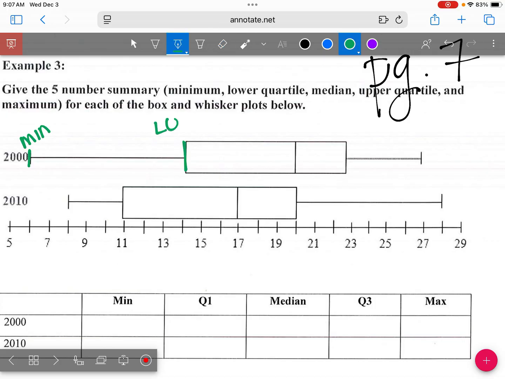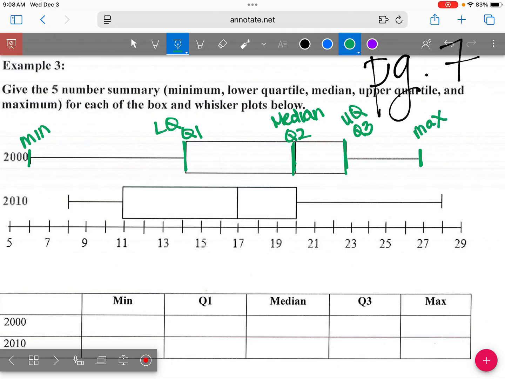This could be your LQ, or we could call it Q1. In the middle, this is my median, which can also be called Q2. The edge of the box is my upper quartile, which could be called Q3. And then at the very, very far right is my max.